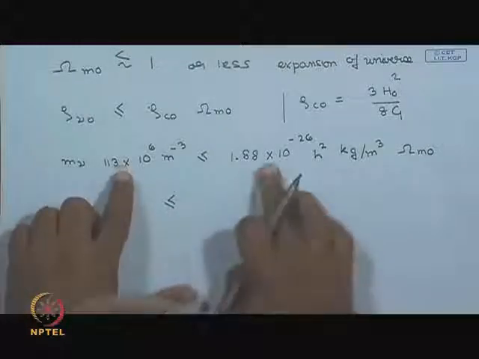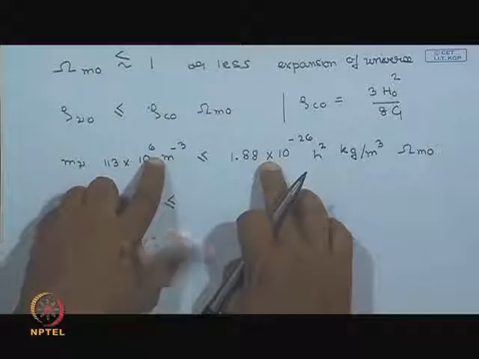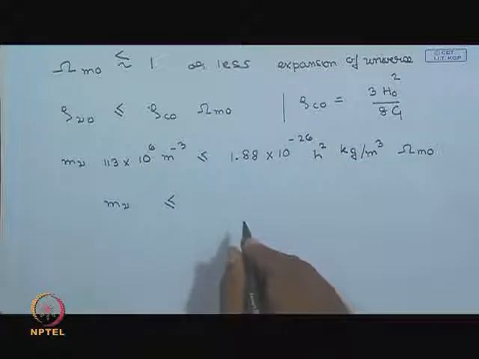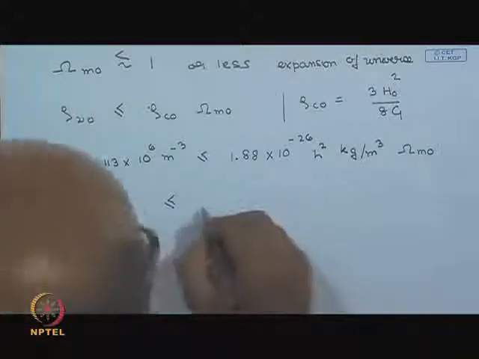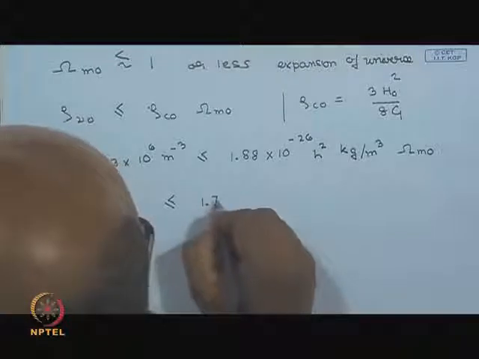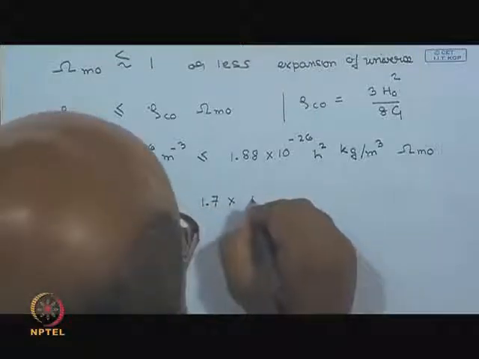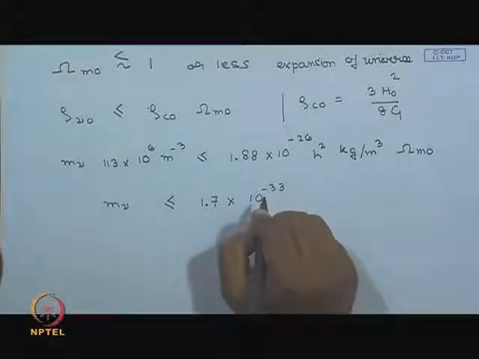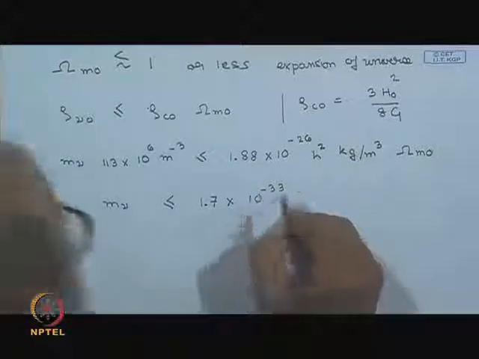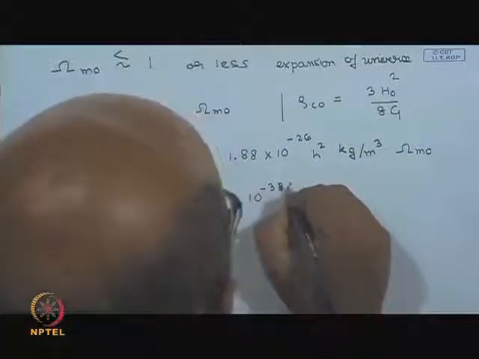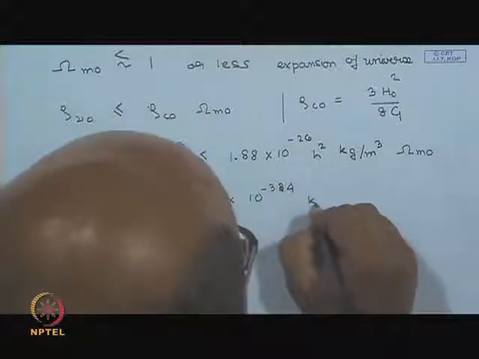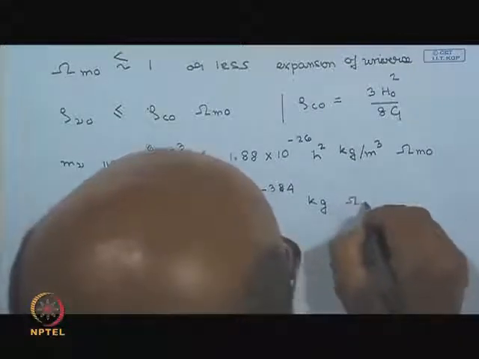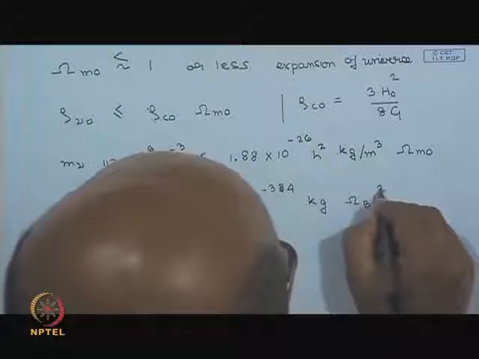We can divide by 113 into 10 to the power 6 to get a limit on the mass of the neutrino, and what it tells us is that this should be less than 1.7 into 10 to the power minus 34, sorry, kg into omega matter naught h square.